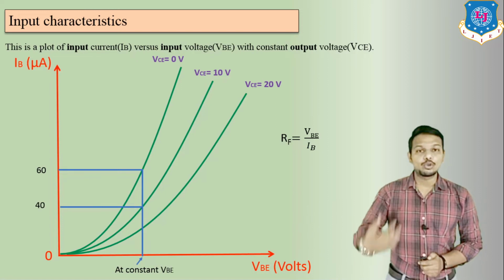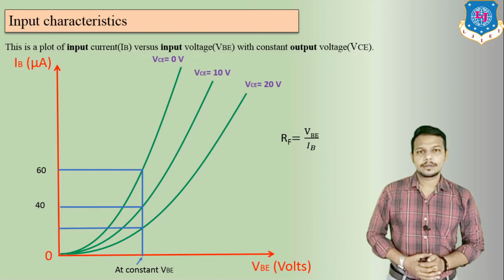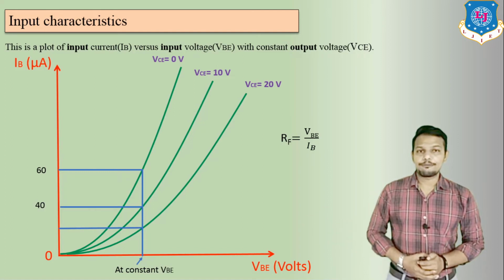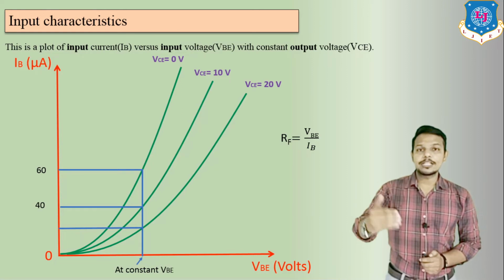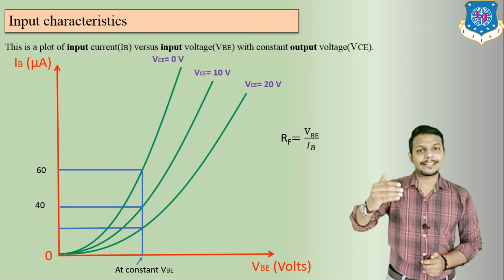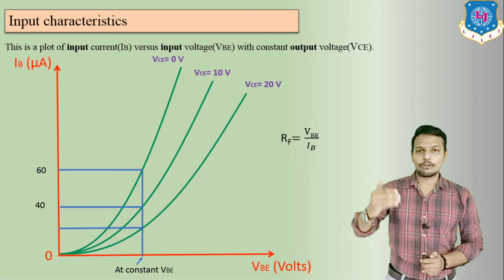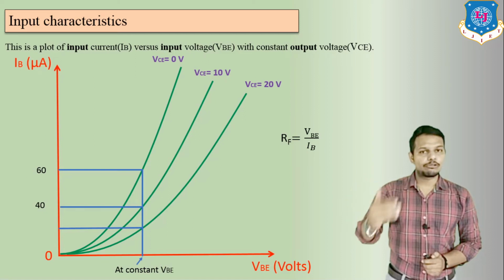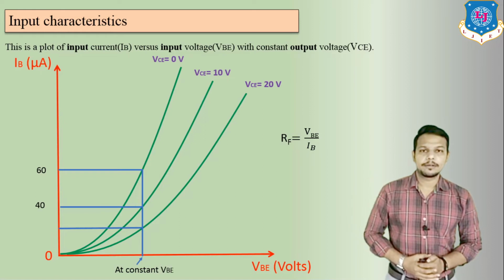If VCE is equal to 20 volt, then IB is 20 microampere. So if we increase VCE, then IB decreases. First VCE is 0 and IB is 60 microampere, then VCE is 10 volt and it becomes 40 microampere, and lastly VCE is 20 volt and IB is 20 microampere.